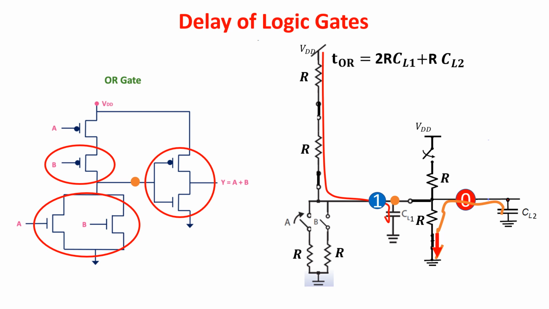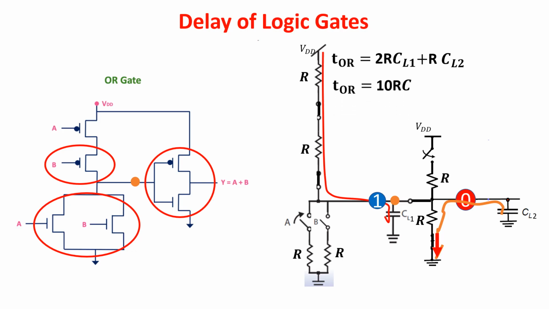Now we want to simplify further and we say that all the capacitances are equal, so all the transistors contribute with the same basic capacitance C. So in the first node we have connected 5 transistors, so a total capacitance of 5C. So the first contribution is 2R times 5C equals 10RC.